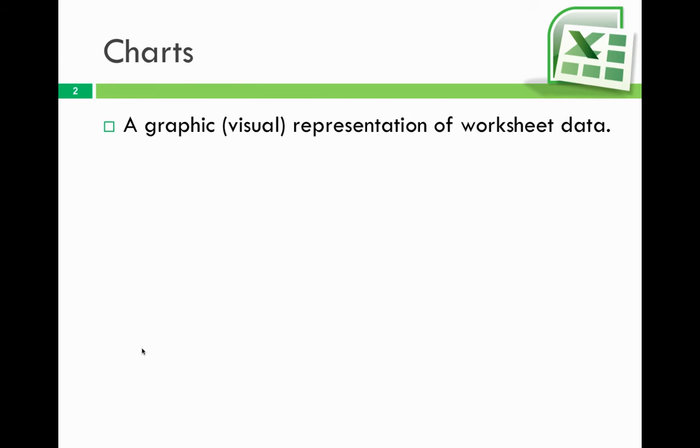I think that charts are a really great way to visually represent data. Sometimes it's not easy to pore through spreadsheets, sorry, collections of data, especially large collections of data.